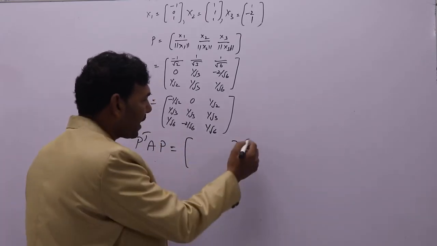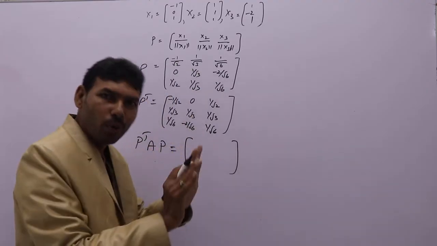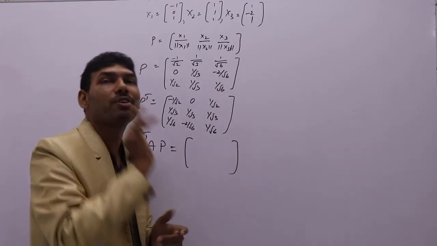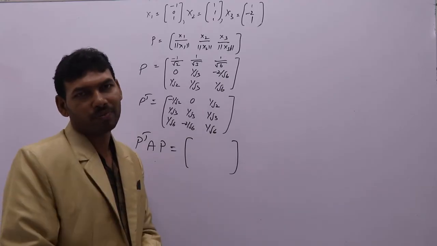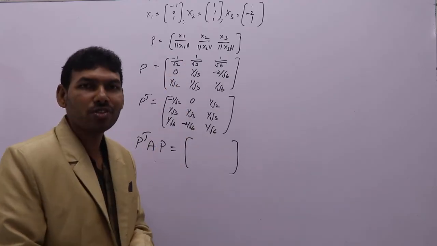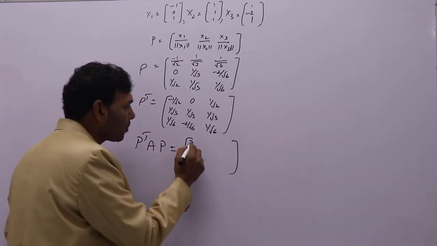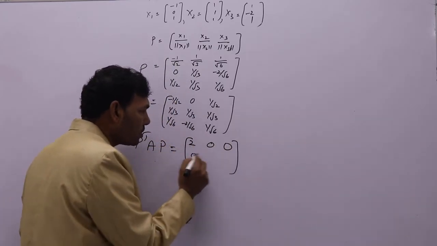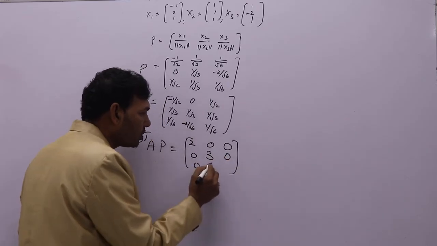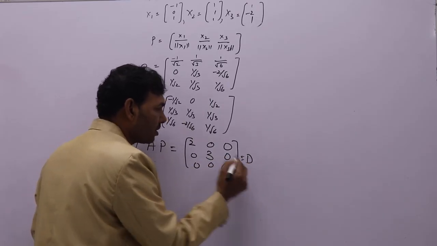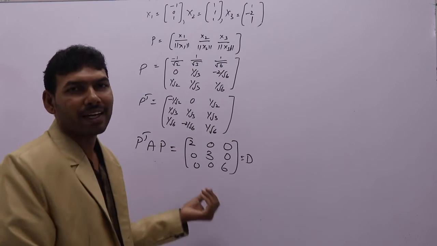If you want, you can write the 3 matrices, but no need to multiply. The answer we know well before solving the problem. Where we evaluated eigenvalues, there itself the answer is decided. The answer is 2, 0, 0, 0, 3, 0, 0, 0, 6. This is D.